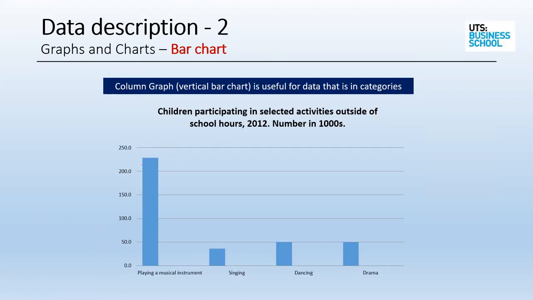You can see a distinct pattern here that much of the preference for school children is for playing a musical instrument. So can you translate that to a marketing scenario where you would like to use vertical bar charts or any type of bar charts, and for what type of categorical data? Where can you possibly use this chart in a marketing scenario?